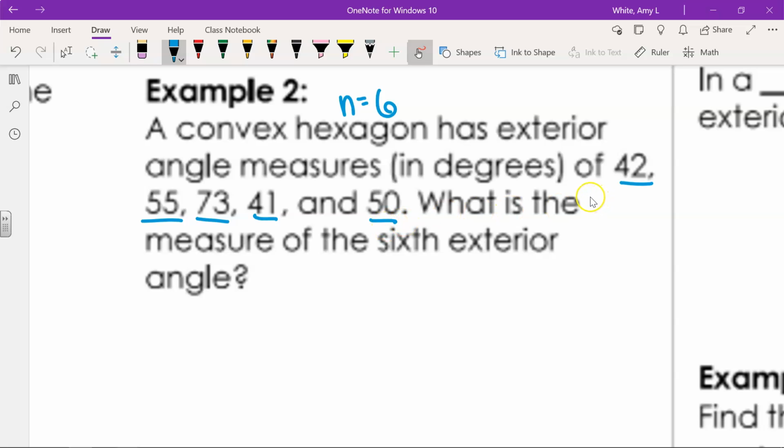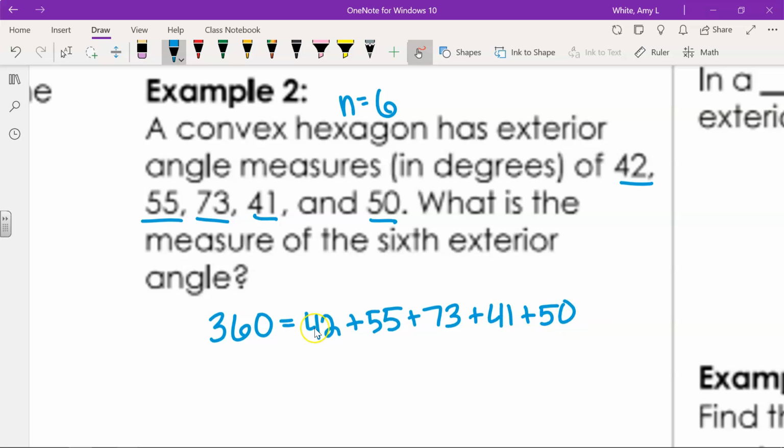And then they ask us, what is the measure of the 6th exterior angle? Well, I know that all of the exterior angles are going to add up to 360. So that would be 42 plus 55 plus 73 plus 41 plus 50, and if I add my unknown 6th angle, that is going to give me 360.